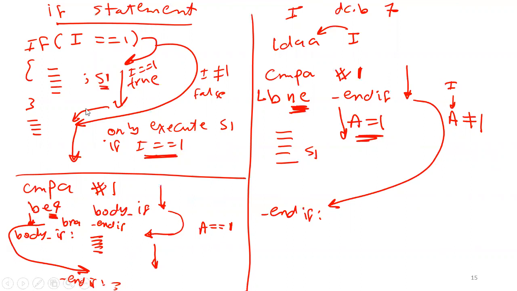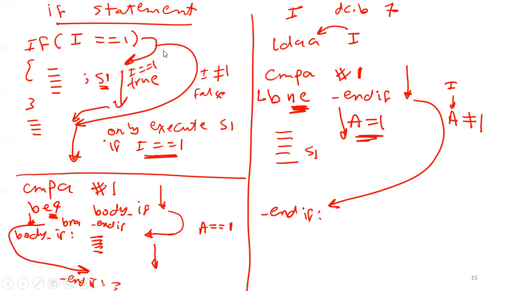Number one, how this statement works in C language before I talk about assembly. The way this works is you have a condition. This condition can be true or false. If this condition is true, I come inside the body of the if and execute S1, which is a sequence of instructions.